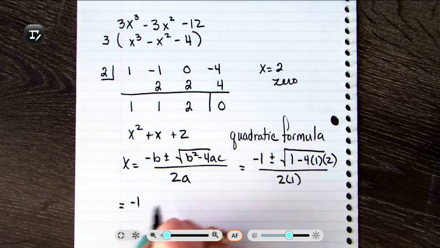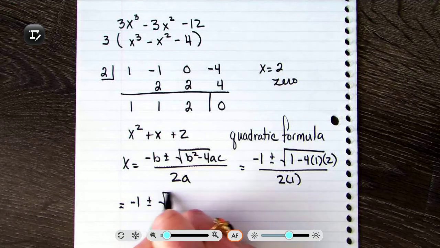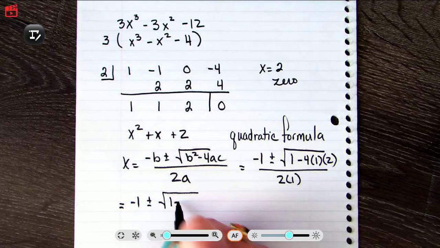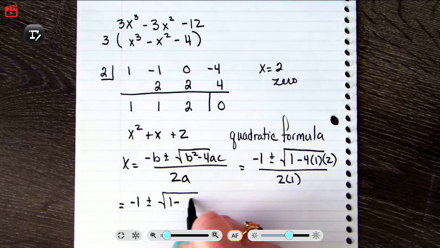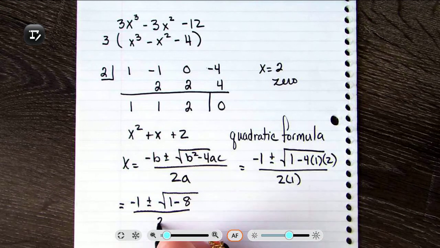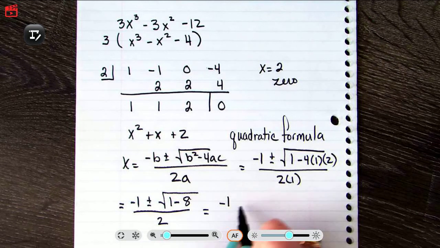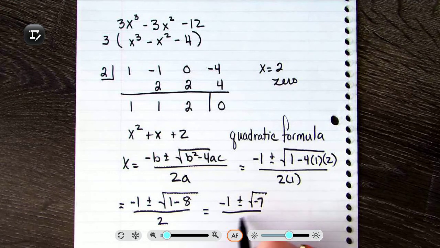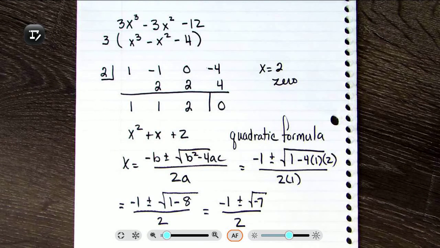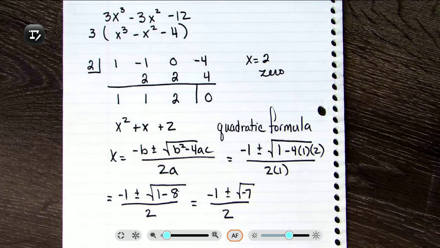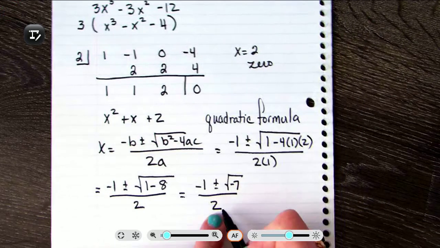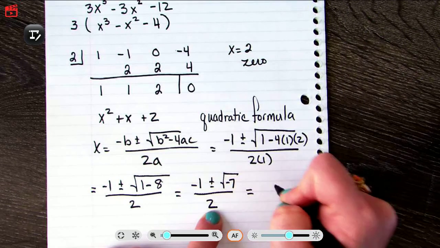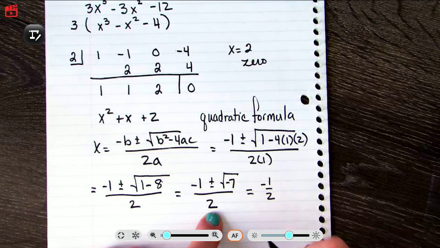Simplifying it down, so that's going to be 1 minus 8, all over 2. It's a negative 1 plus or minus the square root of a negative 7 all over 2. And if we want this in terms of complex form, that a plus bi, we're going to split this up as a negative 1/2.